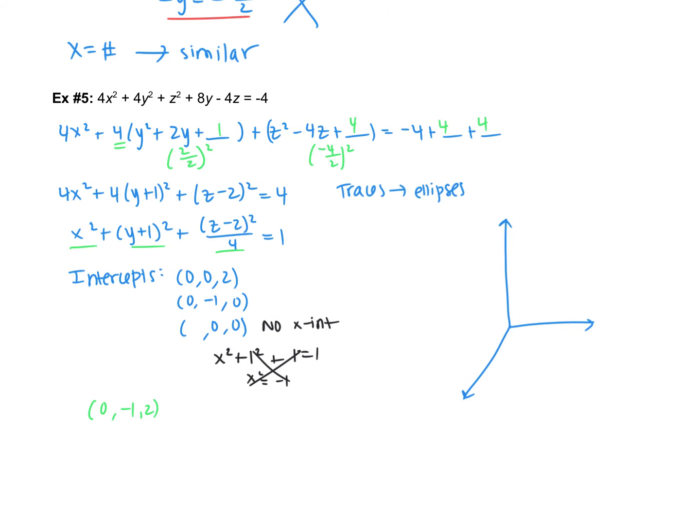So let's graph some points. We have our 0, negative 1, 2. We have 0, negative 1, 0, which is here. We have 0, 0, 2, which is here.